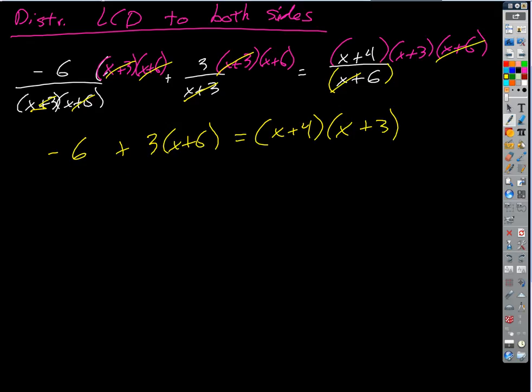So if we expand this out, what do we get? -6 plus 3x plus 18 equals x squared plus 7x plus 12. What do I gotta do to solve this? What do I always do with a quadratic, in any equation? Set equal to 0, put it in standard form.